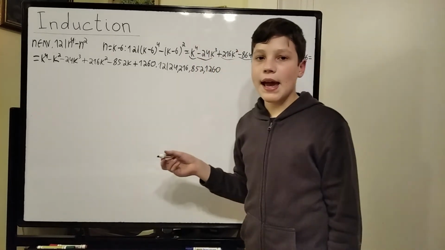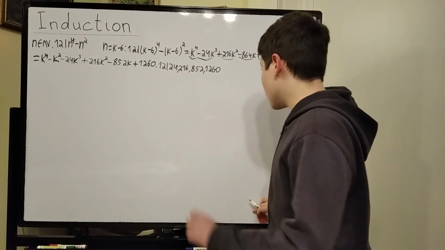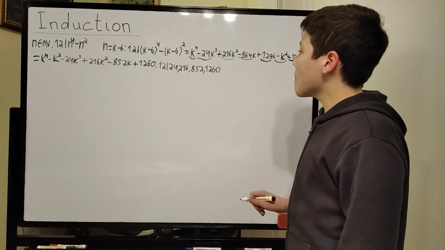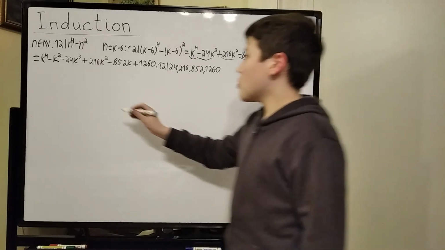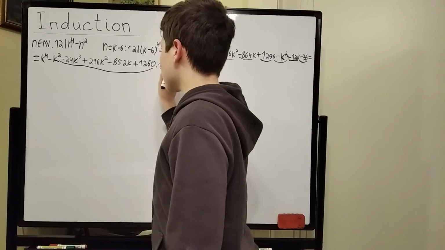You can check in the calculator or just see it. It's not too hard. So now, because 12 divides into all of these, 12 divides into all of this.